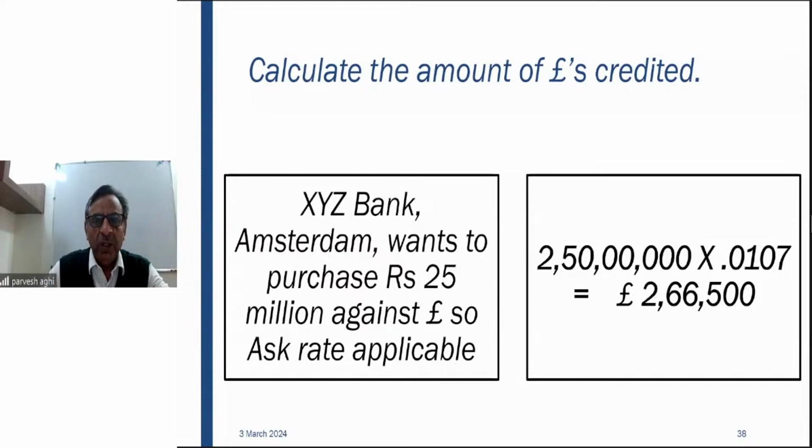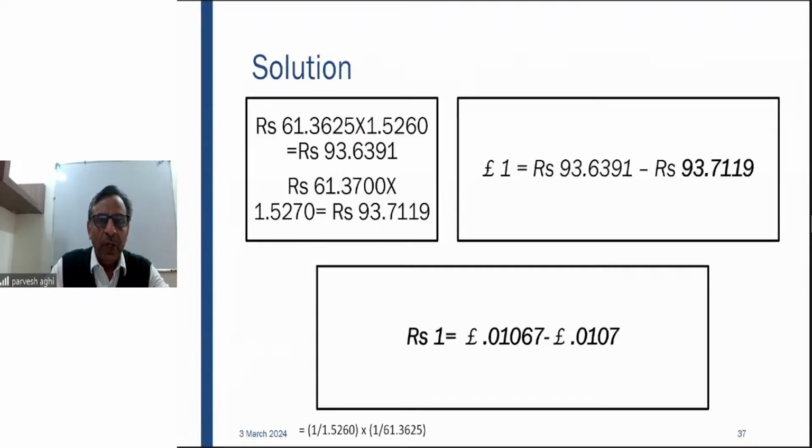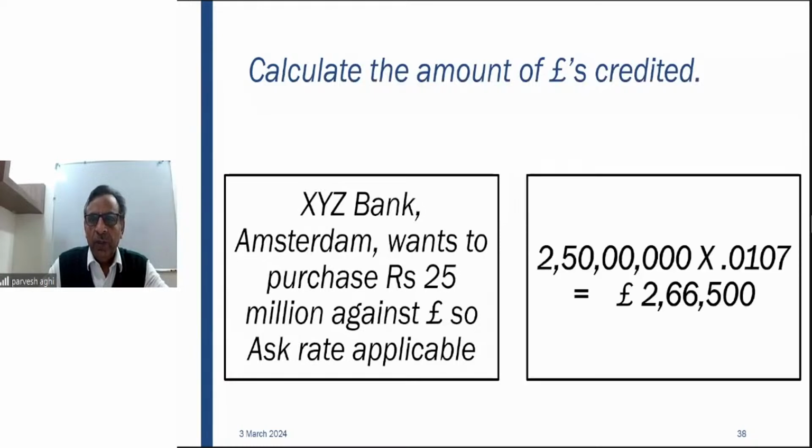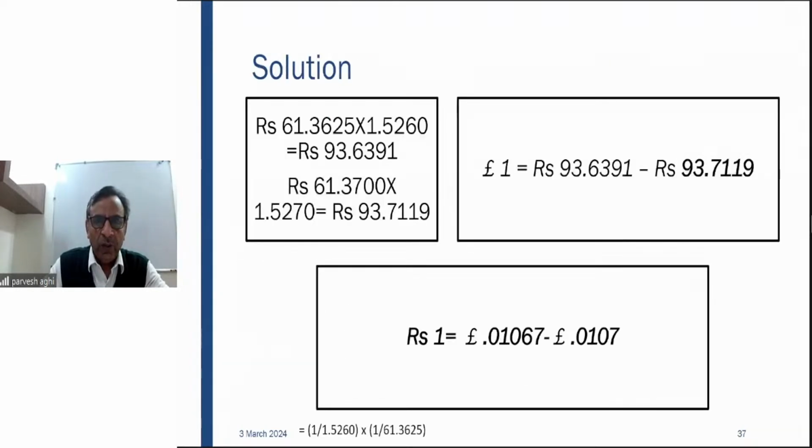So they can purchase pounds worth about 2,66,000 from 25 million of rupees. If you look at the question, we have used the ask rate because they are going to sell their rupees and convert them into pounds. We used the ask rate because ask is there to buy. They have to buy pounds. Fine.